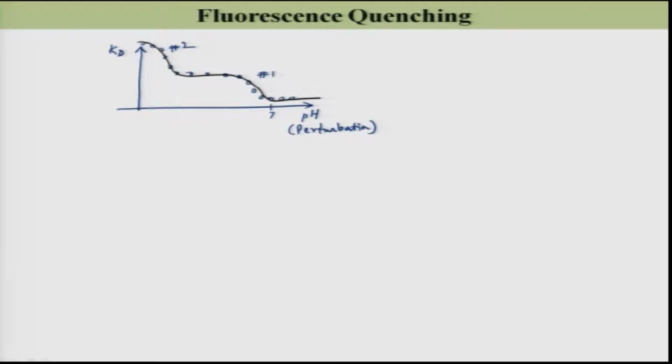If I assign this, obviously the physiological pH is my native state, I assign this as the native state, and if this is my denatured or unfolded state, I can clearly tell that I have some state which is neither denatured nor native, like an intermediate state.